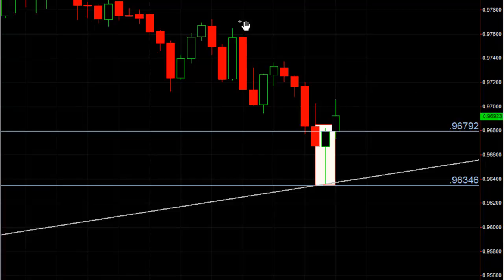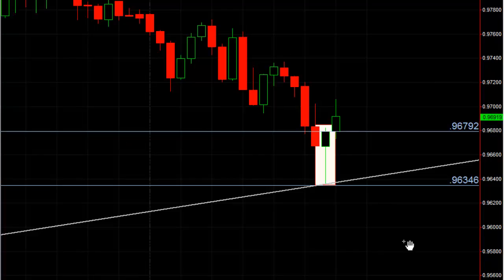So all said and done, 0.9680 might turn out to be a significant support level, with a potential change in direction on the daily chart, and decent room to go.